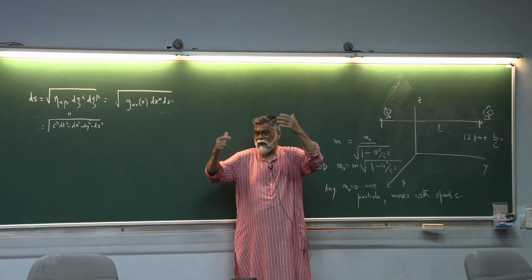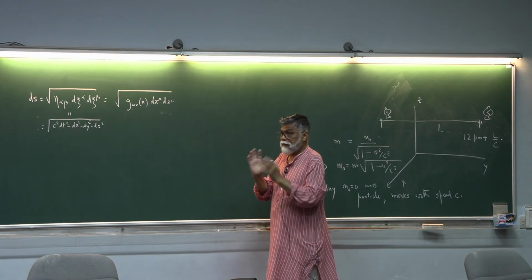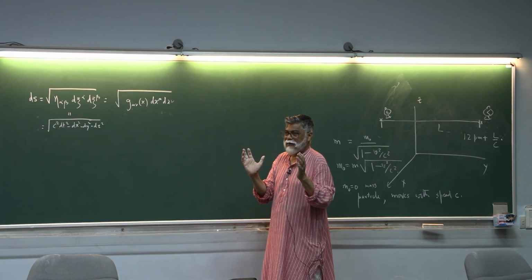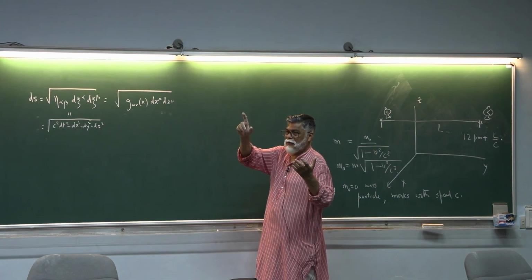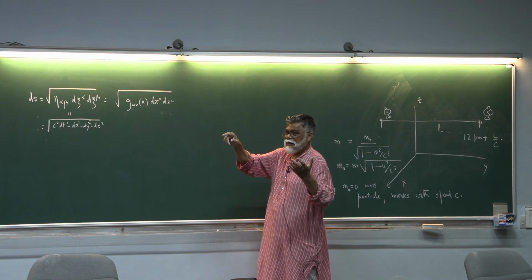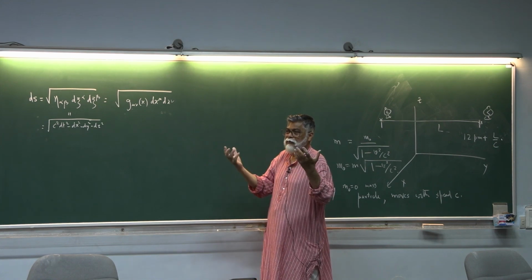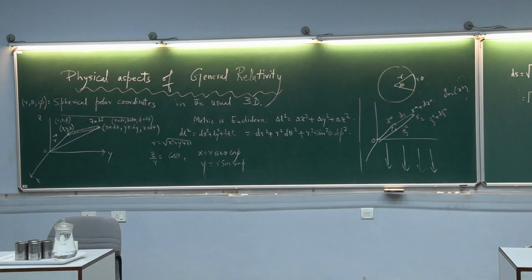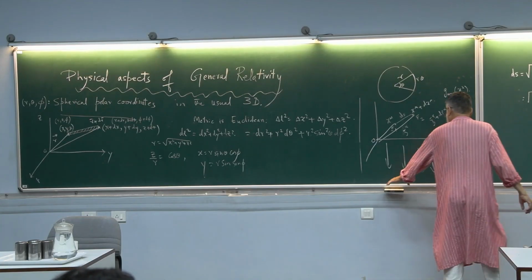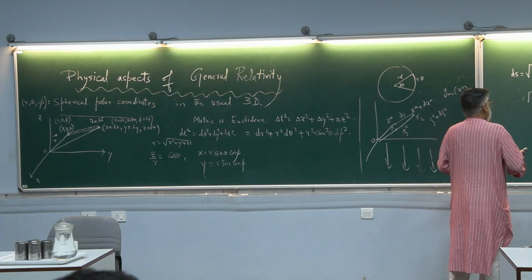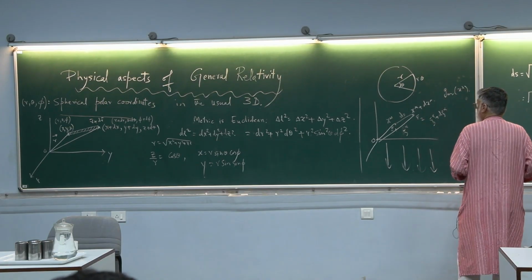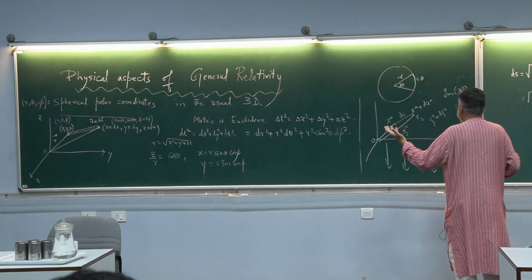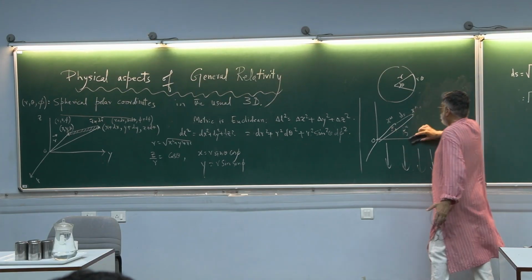That I will make a correspondence, so that we understand that even in curvilinear coordinate system, when the metric is not 1, minus 1, minus 1, minus 1, what do we mean by measurement? So let me first talk about gravitational time dilation. That will give us some understanding of making measurements in curvilinear coordinate system.